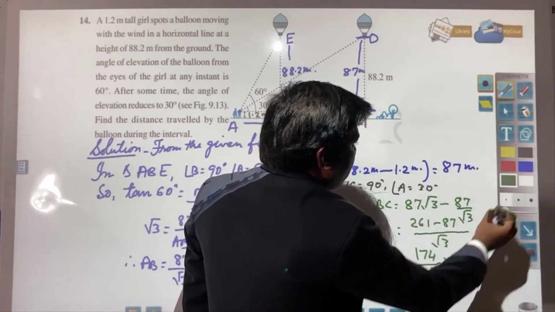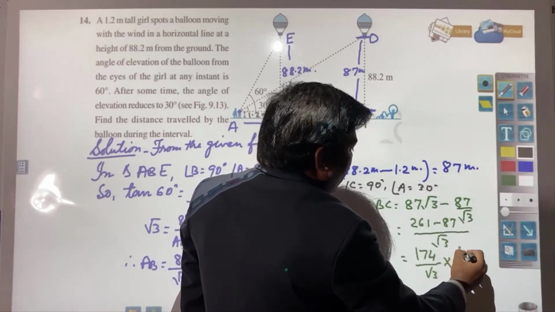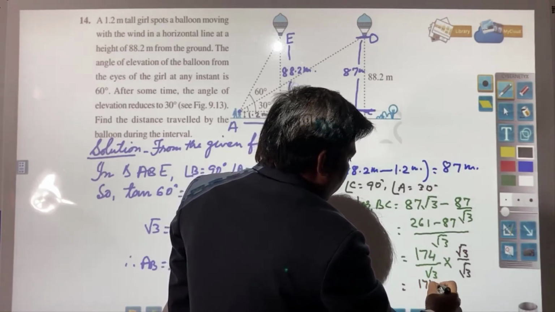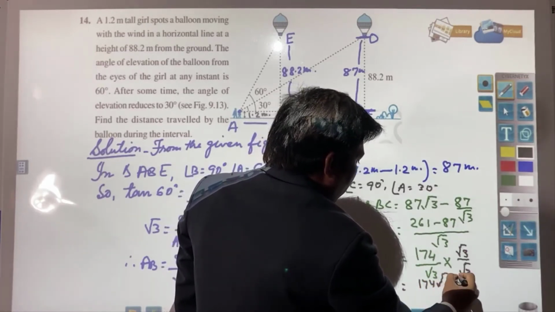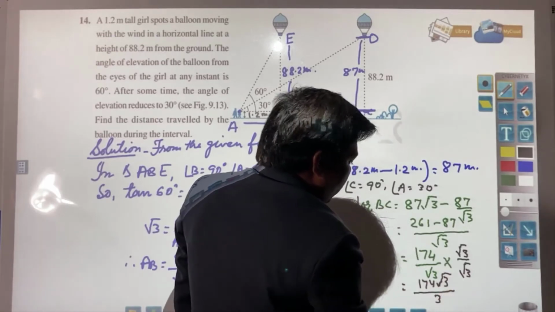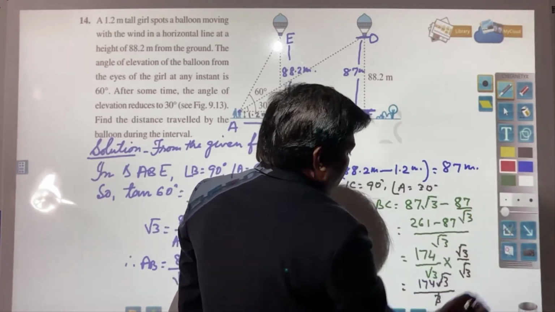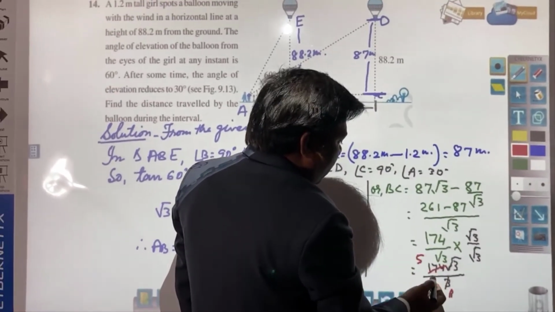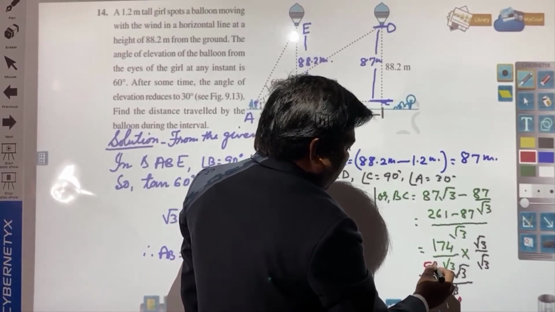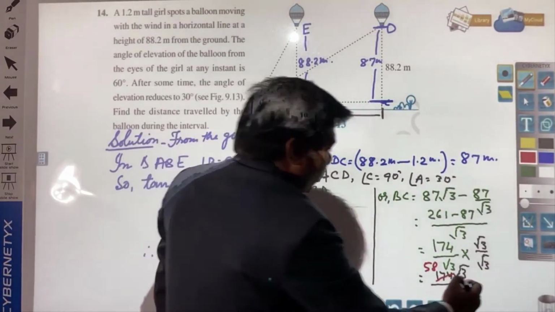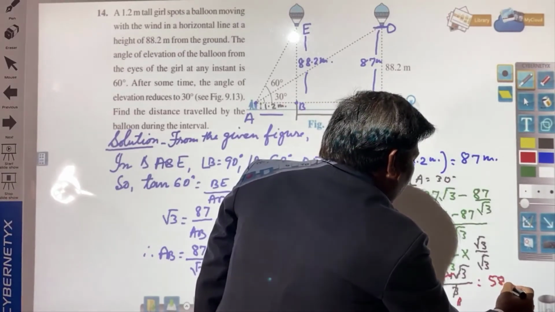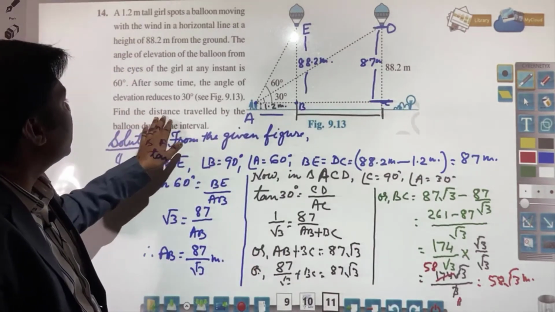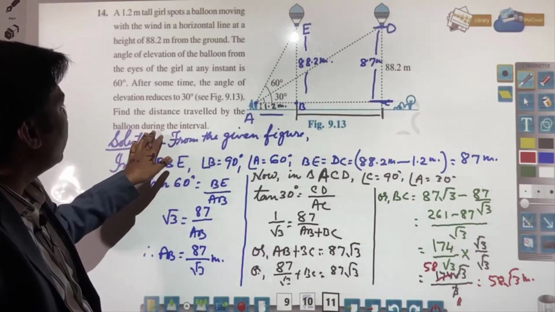Rationalizing, multiplying by root 3, we get 174 root 3 divided by 3. Dividing, we will get 58 root 3 meter.